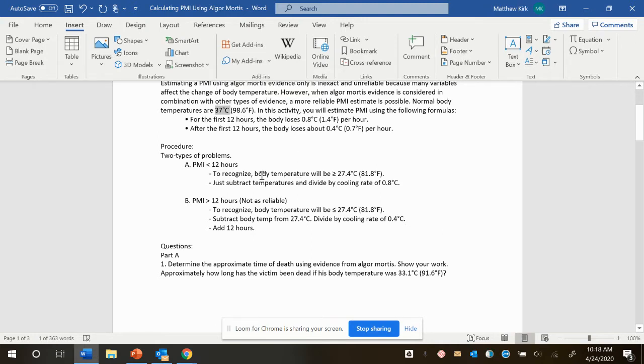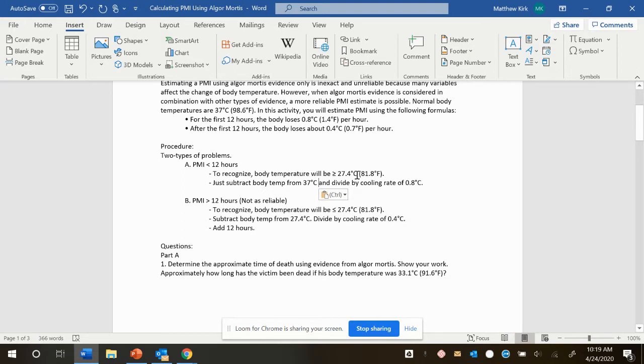We have problem A, where our PMI is less than 12 hours, and this one is going to be a little bit easier to solve. To recognize that we're going to have a PMI under 12 hours, the measured body temperature should be greater than or equal to 27.4 degrees Celsius.